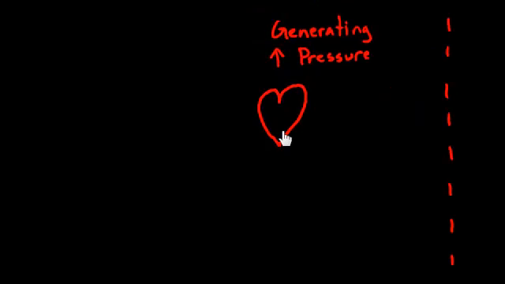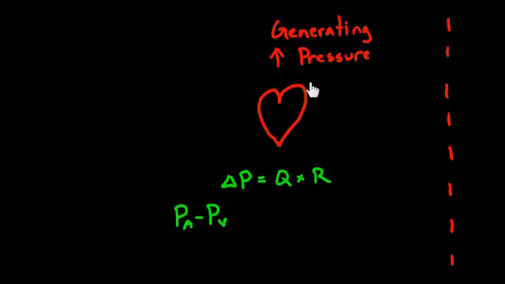So there was an equation, and that equation was delta P equals Q times R. And I thought we'd put some words to this equation. Delta P is basically the arterial pressure minus the venous pressure. So if you have blood exiting here, it's got a certain pressure on it.